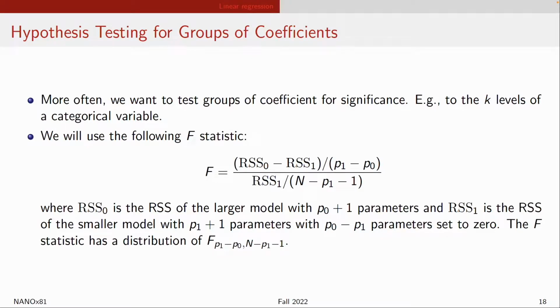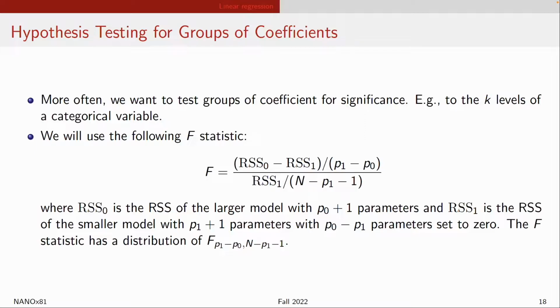More frequently, you don't just want to test one of the coefficients, you can also test groups of coefficients as well, right? So, for instance, sometimes you may have different levels in which you categorize a variable, right? Remember when I said you can encode something like electrical conductivity as a metal, insulator, or semiconductor.